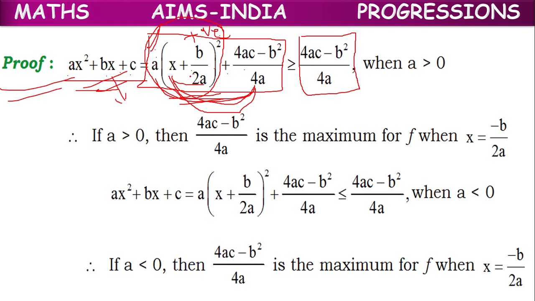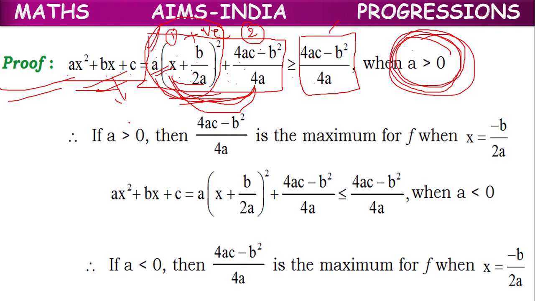The sum of the first and second values, if a is positive, is always greater than or equal to the second. In what condition? If a is greater than 0.